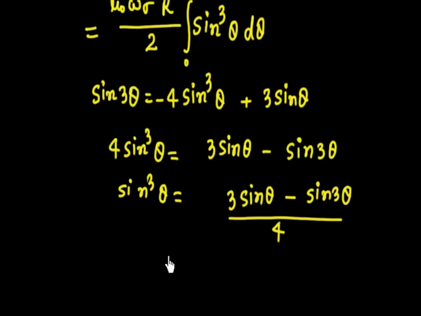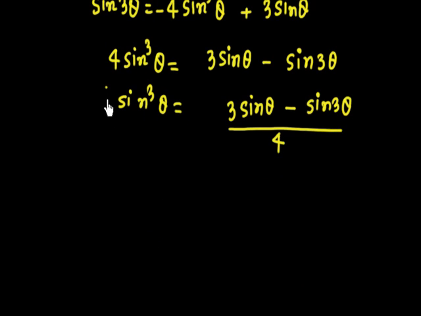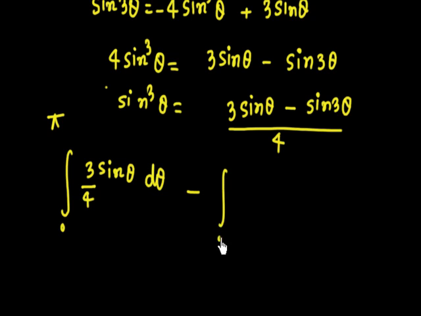Now if you integrate this from 0 to pi, this is the integral from 0 to pi of 3 by 4 sine theta d theta minus the integral from 0 to pi of 1 by 4 sine 3 theta d theta.